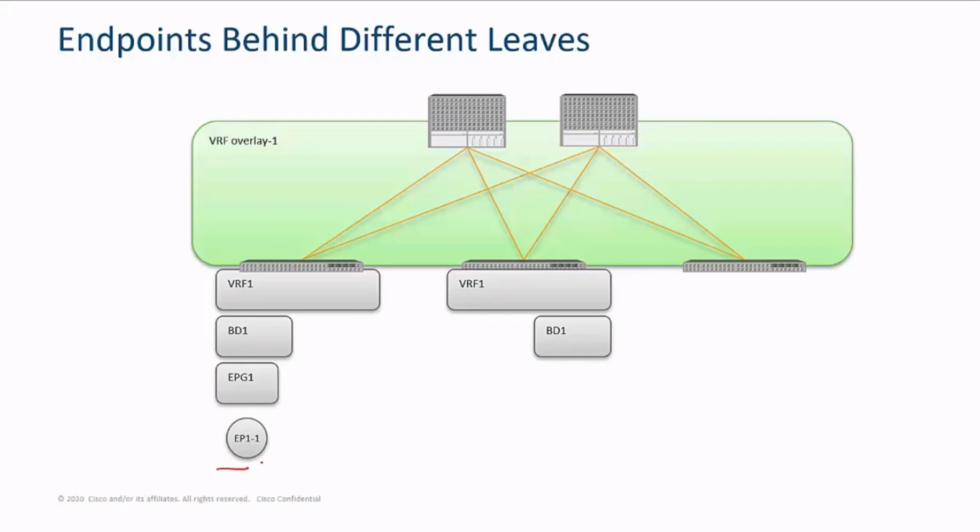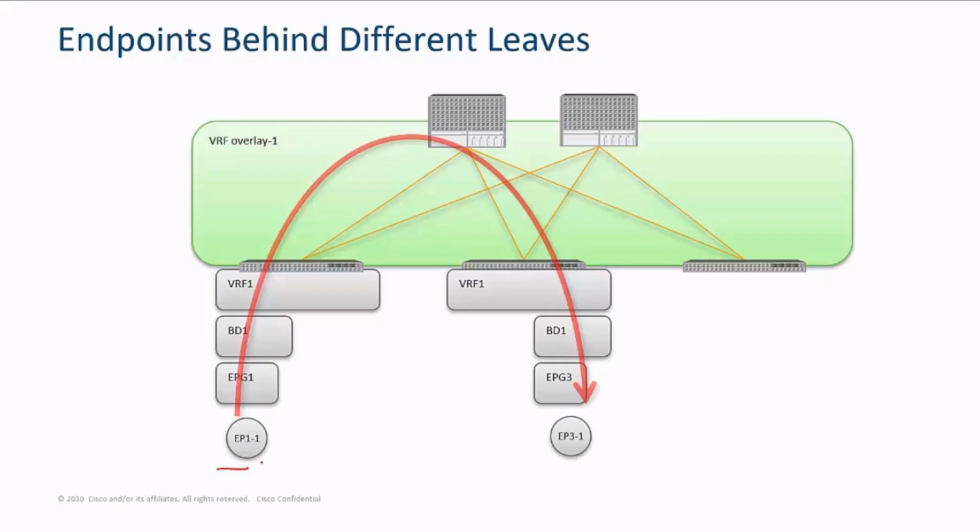And then we also have EPG3, and endpoint 3.1 that is attached behind Leaf 2. If these two endpoints want to communicate with each other, the traffic needs to be sent over the ACI fabric. So this is going to be a little bit more complex. We do some kind of fancy things when we send traffic over the ACI fabric.